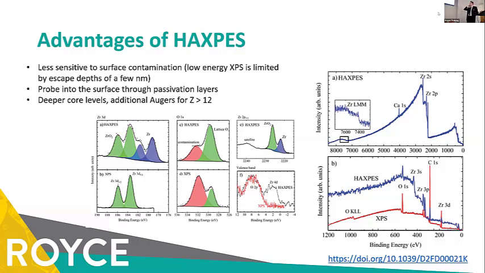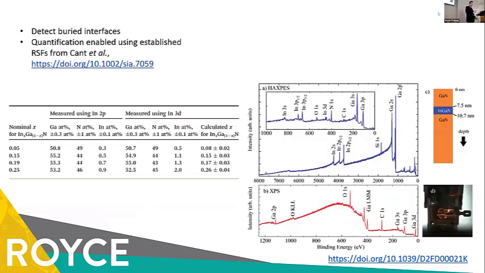And the HAXPES allows us to probe the metallic through the passivated oxide layer. So it's a nice demonstration that we can access deeper core levels. In the case of zirconium, we can access the zirconium 2s and 2p core levels, which you can see in the HAXPES survey has a real increase in sensitivity. And we're accessing the different Auger transitions that maybe just haven't been measured before.